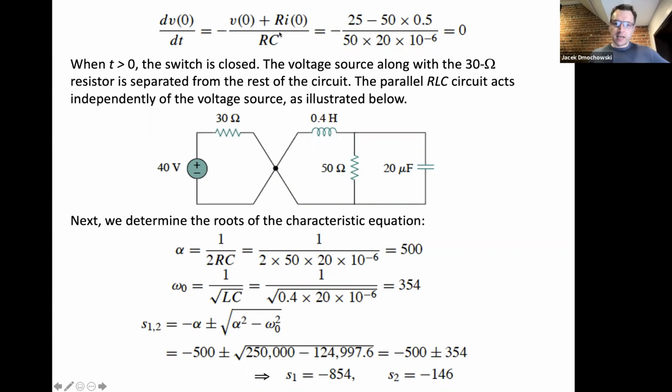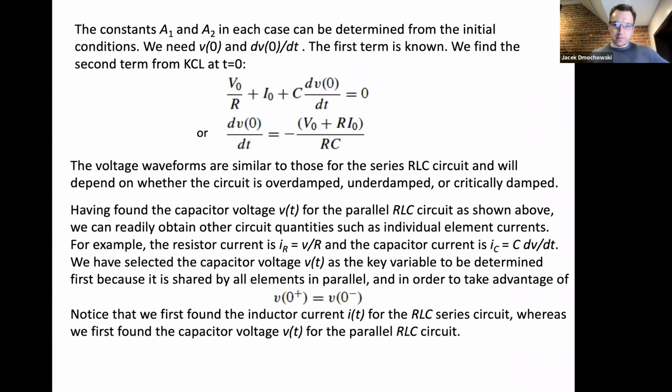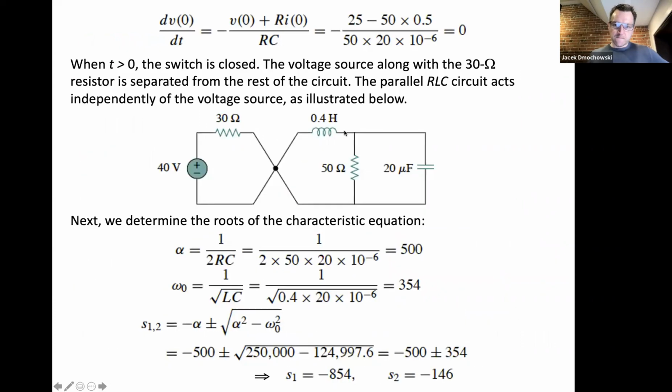So we plug in a value of 20 times 10 to the minus 6 for the capacitance when evaluating this. And if you forget where we got that, we got it from this equation, by writing the KCL equation at time 0. We get this expression, which allows us to solve for the initial derivative as a function of the initial values. Okay.